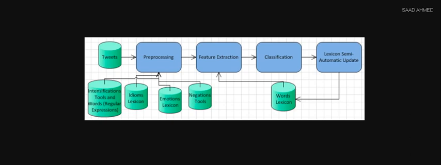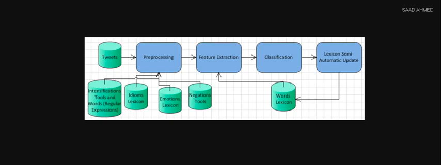Then comes the feature extraction part, in which you identify the features on which you want to work. Then comes the classification process, and then updating of the lexicon, which can be automatic or semi-automatic. It depends, and it is very useful when you are doing processing on a large data set like big data.